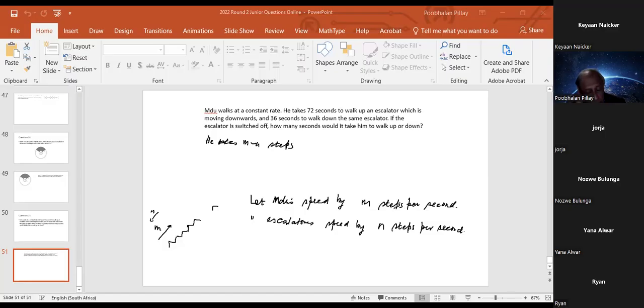If he's not fighting the escalator, then it takes m steps per second. But now he's fighting it. So m minus n, we assume that m is greater than n, otherwise he'll fall down, right? He needs to get to the top and make sure that he goes faster than the escalator per second.